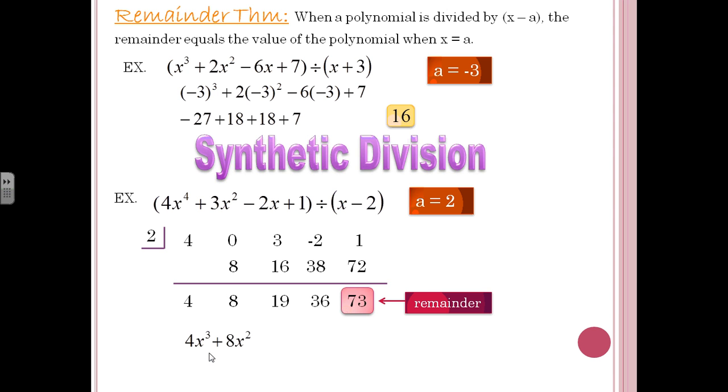So this is going to be an 8x squared, and then a 19x, and then a 36. And then the remainder, of course, we would write as 73 over x minus 2. So this is a really quick way to do your long division, but it only works when you're dividing by a binomial in the form of x minus a.